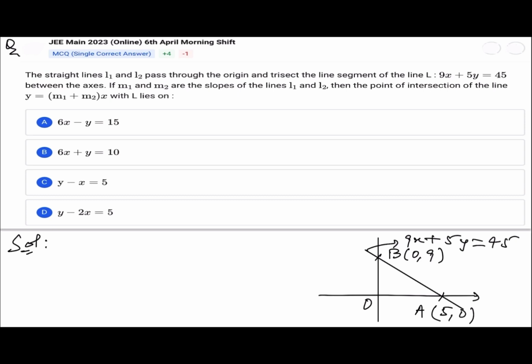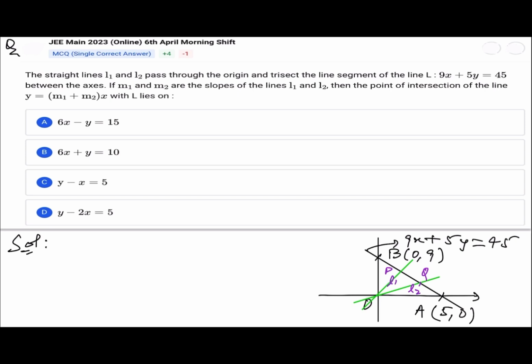Now L1 and L2 are two lines passing through the origin and meeting the given line. Say L1 is meeting at P and L2 is meeting at Q.